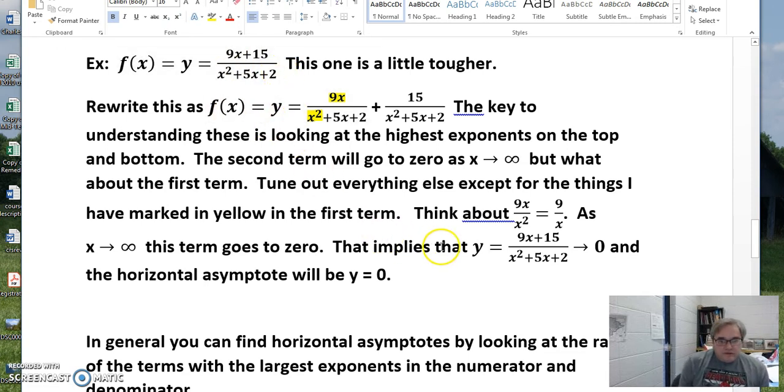Now, we could simplify a lot of this by just looking at these terms right here, 9x over x squared, and I'm going to generalize this next. If the exponent here, which is a 1, is smaller than the exponent there, which is a 2, so if the top exponent is smaller, this function will always go to 0.